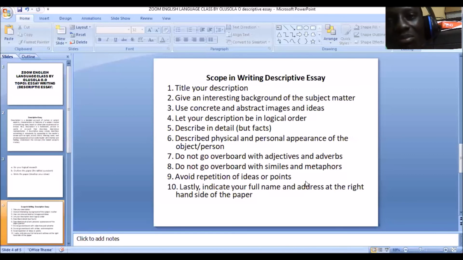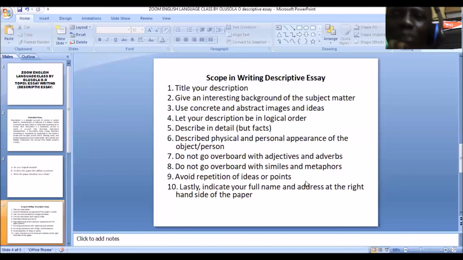No. I'm not saying you should not use figurative expression or figurative language. You are allowed. But your write-up should not be filled with these figurative expressions. You don't need to feed. Then avoid repetition of ideas or points.